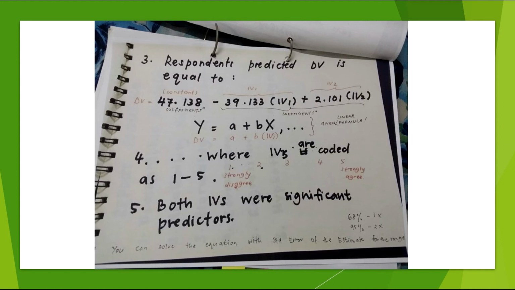So for the DV here, you have to write the DV equals the constant. A represents the constant value from the coefficients table, minus or plus the significant value based on your unstandardized coefficient B. You have to write the figure of your unstandardized coefficient B. If it is minus, you put the minus symbol here: minus 39.133 of IV1 plus 2.101 of IV2, where IVs are coded as 1 to 5.